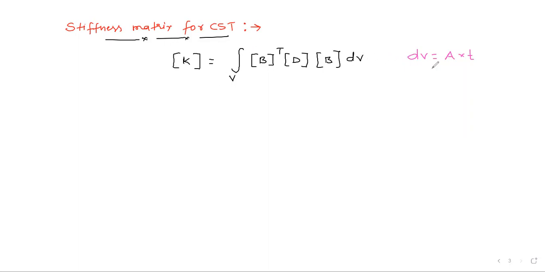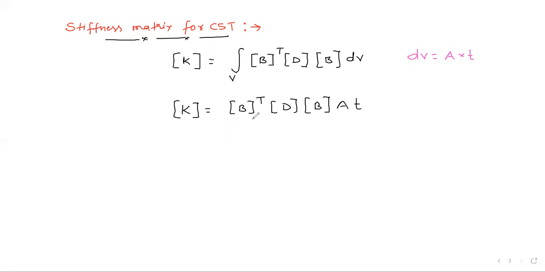So this K matrix, directly after integration, we can write as B transpose into D into B matrix into A into T. So this is your stiffness matrix.